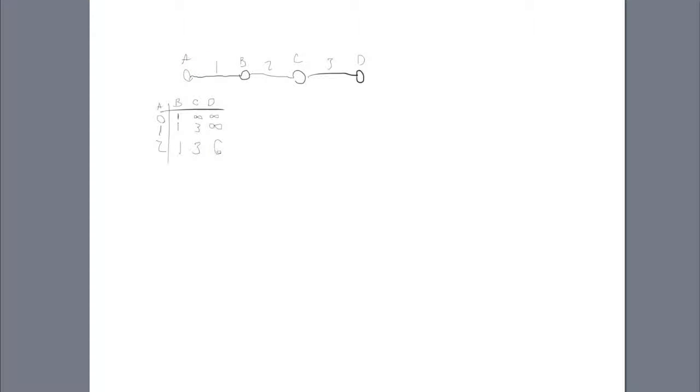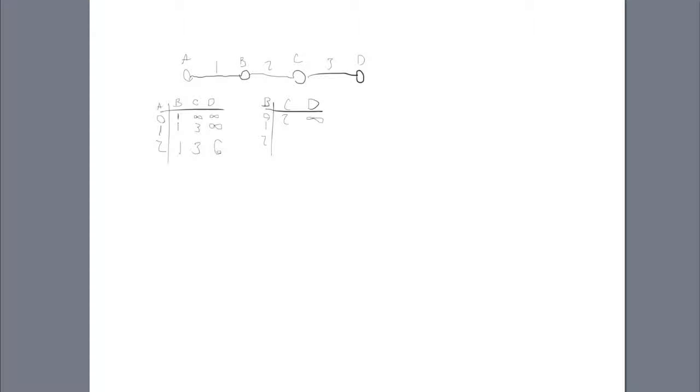And this happens also with B, C, and D. So let's do that really quickly. So B, remember I said we're just looking at the ones in front of it for a particular purpose. B to C, it already knows its neighbor. This is infinity.